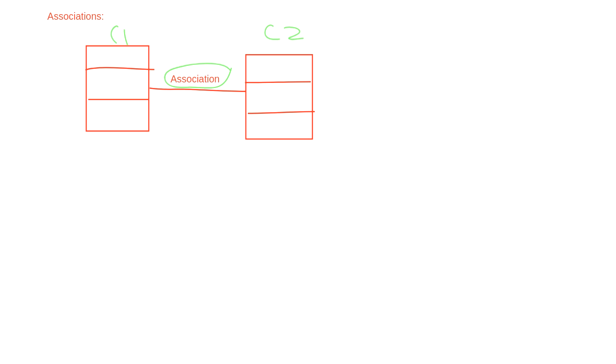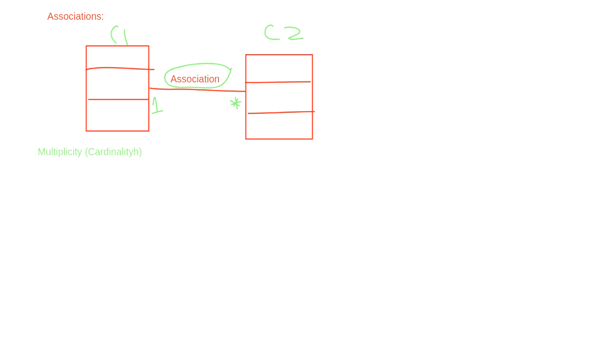What do you mean by multiplicity or cardinality in associations? These symbols indicate the number of instances of one class linked to one instance of the other class. For example, you have class 1 here and class 2 here. Here I put a star or infinity, according to Dr. Abbas, both are the same, and here I put one. These symbols, star and one, indicate the number of instances of one class linked to one instance of the other class.